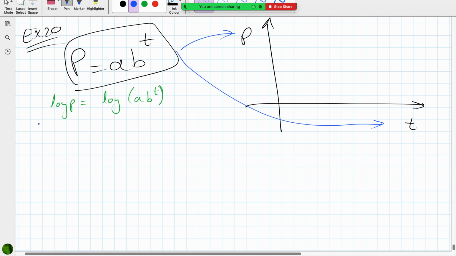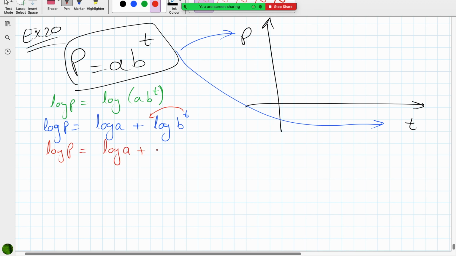Now what can we write? Log of P is equal to log of A plus, these are being multiplied, multiplied means addition sign, log of B to the power T. Now in the next step, this T is going to come down and it becomes log of P is equal to log of A plus T log of B. If you remember the equation y equals mx plus c, c was the y-intercept, m was the gradient.